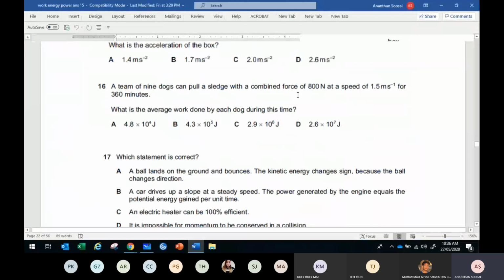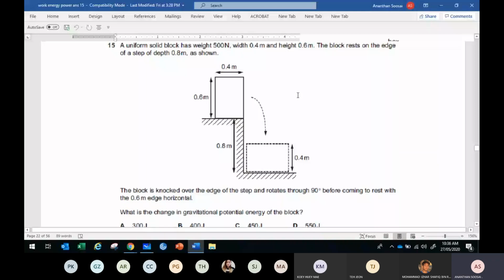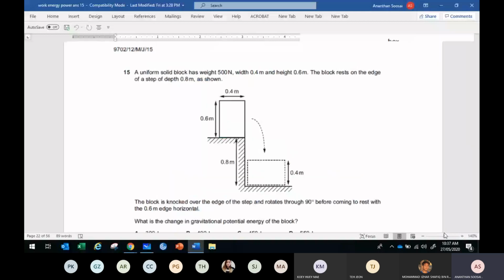Okay, let me do another one. Okay, class, this one, 15. What page is this?